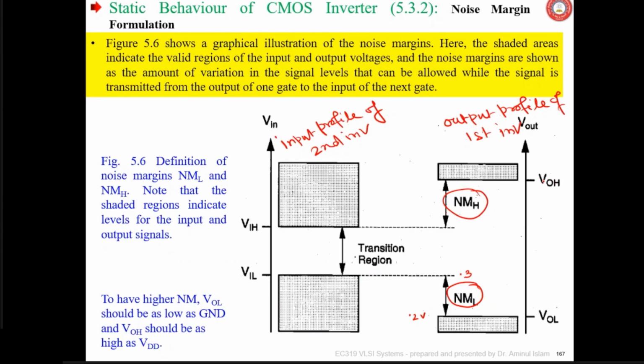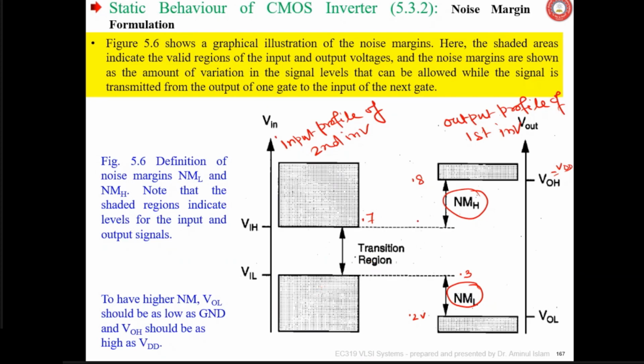Here, for the output profile, say I'm considering 0.8 volt. VO equal to VDD is the ideal value, but it may be below VDD, say up to 0.8 volt. We can consider that an output voltage up to 0.8 volt is considered to be high. And on the input profile side, if you see the second inverter input, say up to 0.7 volt, let me consider 0.7 volt.